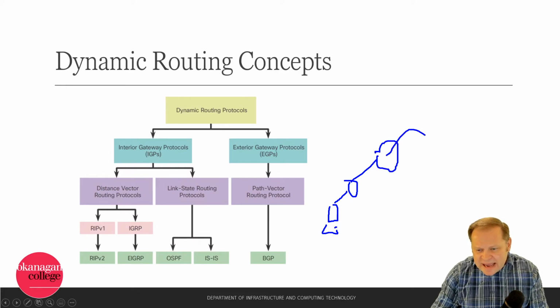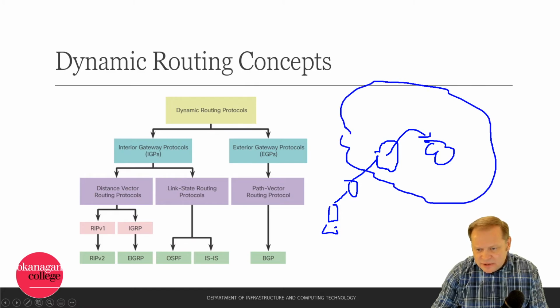Okay, well, I need to pass that information to another autonomous system inside my big cloud here, of course, right? I need to pass this along. I don't want to send the entire topology, right? I don't want to send the entire thing like OSPF does. What I do want to send, though, is the cost and the details of that cost through to a very specific router or representative of each AS.